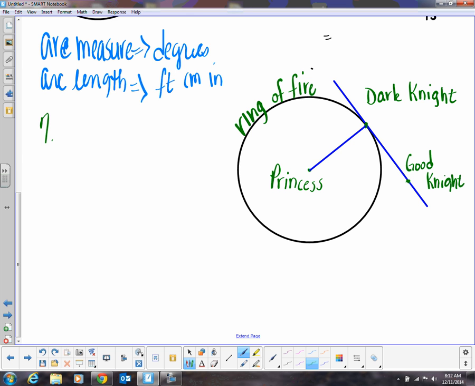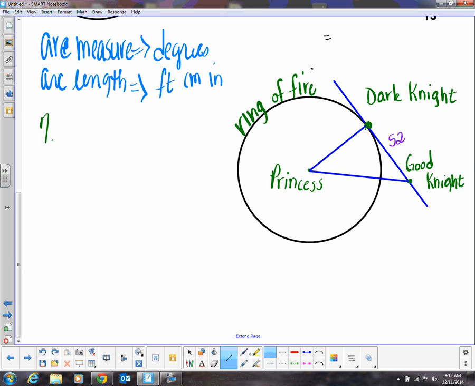All right, now listen to what it says. It says the Dark Knight here is 52 feet from Good Knight. So where's 52? Right here between those two dots, correct? Then it says that Sir Goodnight is 20 feet from the ring of fire.